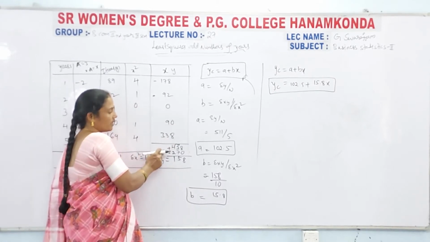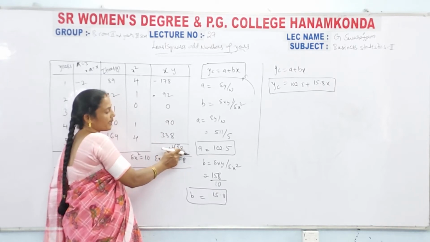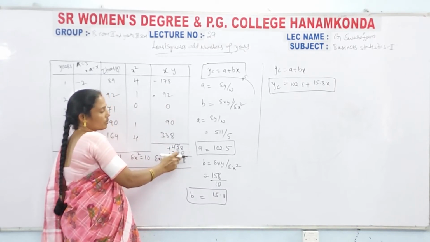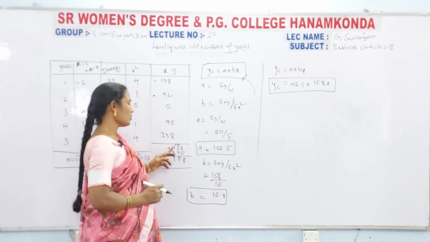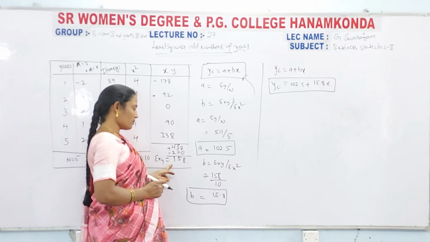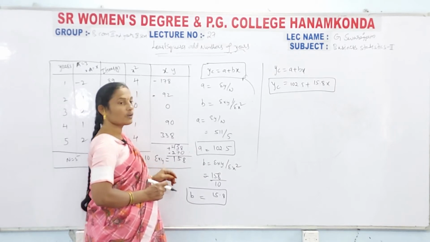Okay, total of the positive values here 428 and the negative values here 270. The highest value is positive, then the remaining item is positive. So sigma xy is equal to 158.